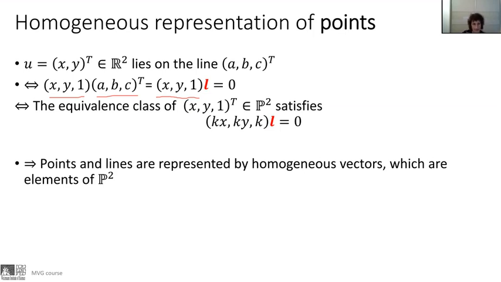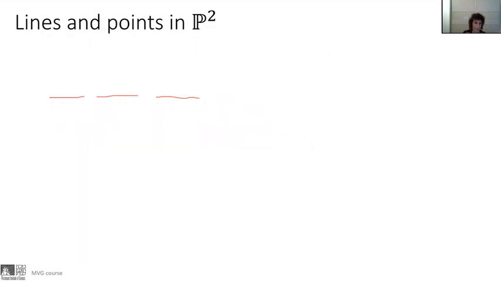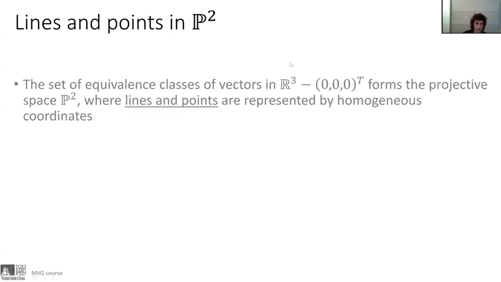They are represented by triplets and by equivalence classes, as we saw before. To repeat, the set of equivalence classes of vectors in R3, excluding the 0, forms the projective space, where the lines and the points are represented by what we call homogeneous coordinates.